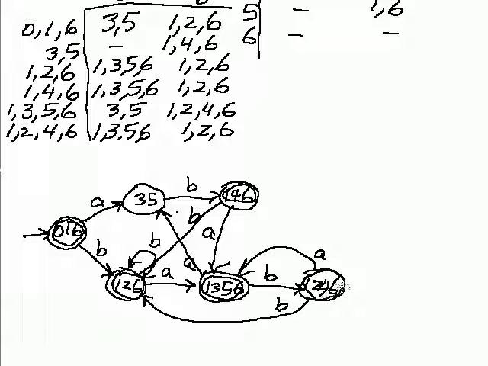Those are all accept states. This one is not, and the trap is not. Now, oops, I didn't mean to do that. Got too close. What I want to do now is run the minimization algorithm on this machine. So I'm going to copy this machine.